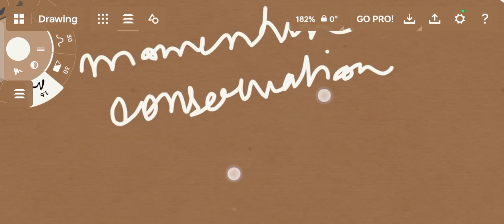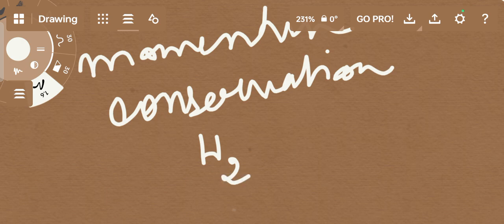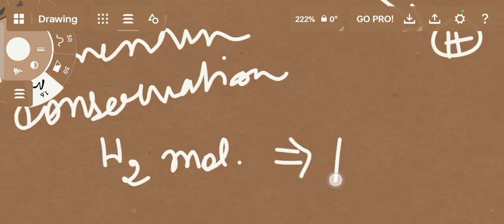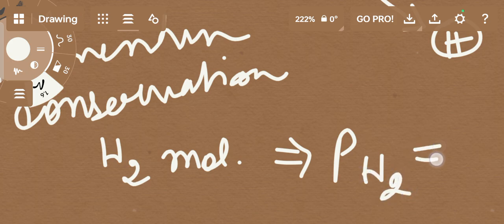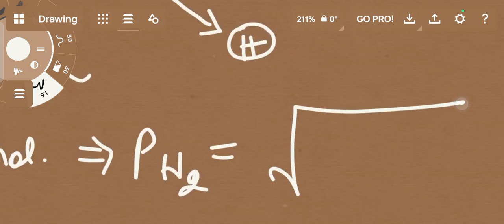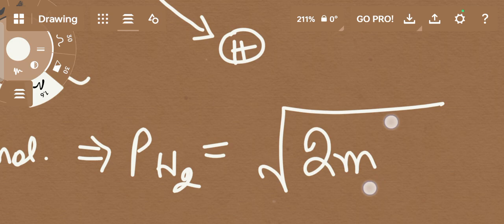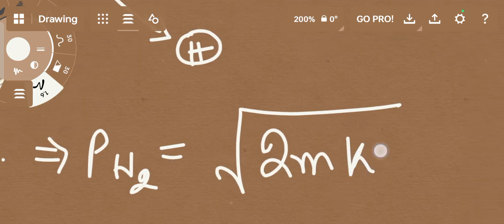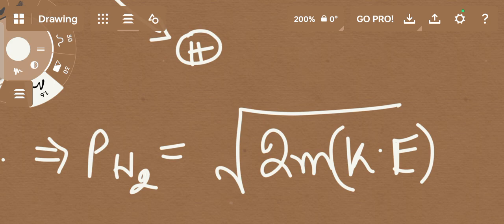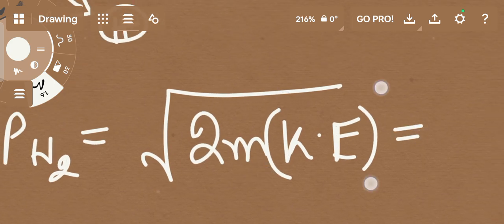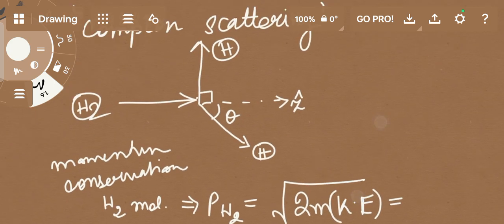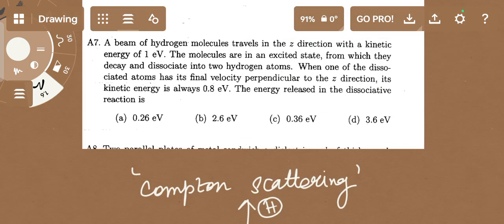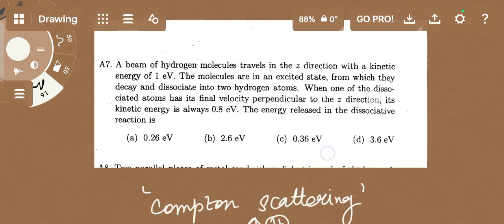So momentum conservation: first we do it for the H2 molecule, that is p_H2 equals root 2 m into K. K is the kinetic energy, right? And what they have said in the problem, it is 1 electron volt.